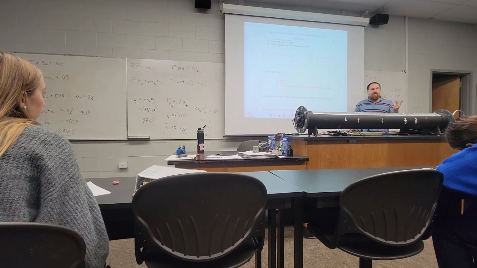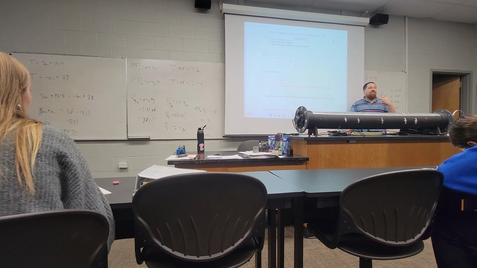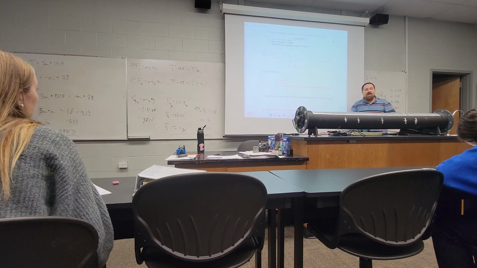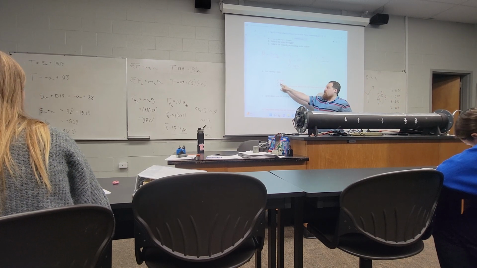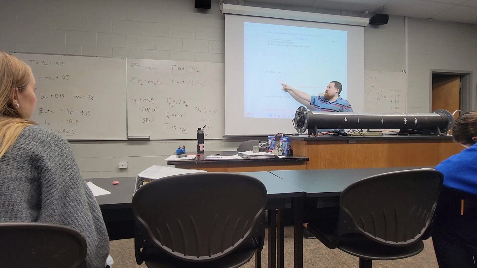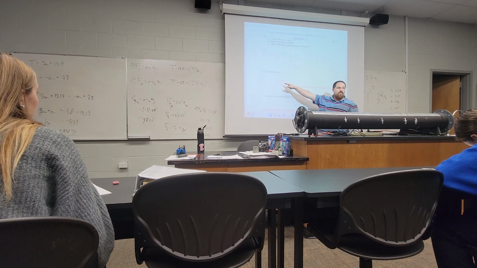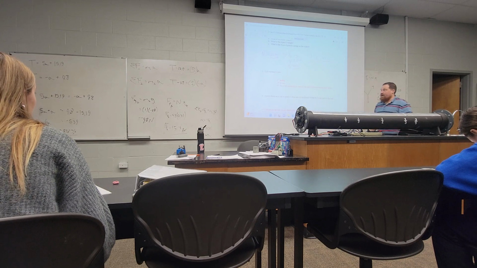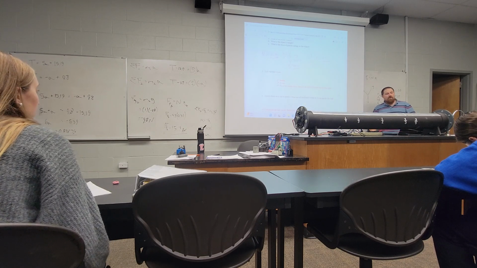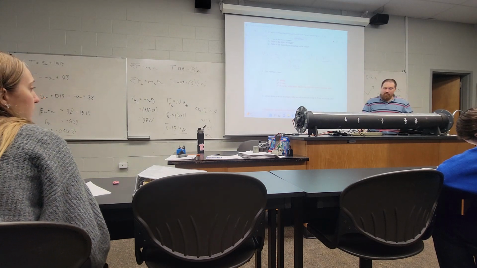Second law is F equals ma. Often we just shorten it to that equation, but if I was to read the equation out in words, when an imbalanced force acts on a mass, that causes the mass to accelerate. And then lastly, the third law: for every action force, there's an equal and opposite reaction force. So if A acts on B, B acts back on A in the opposite direction.